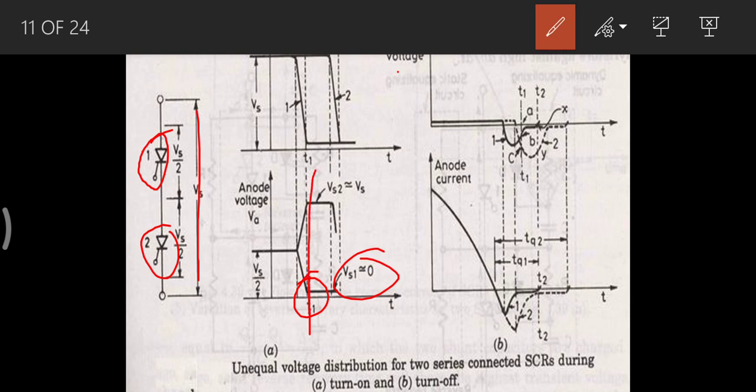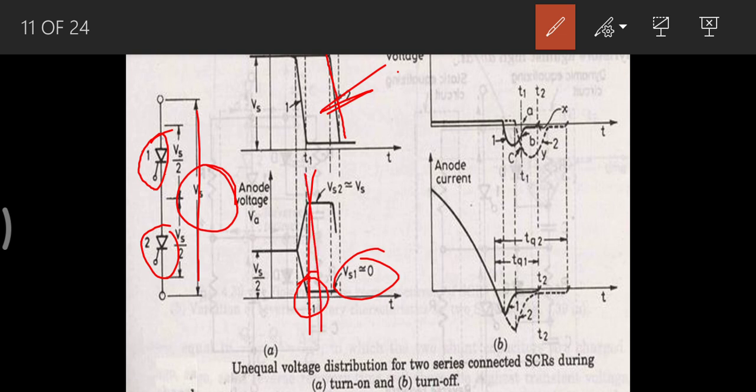T1. But see here, if this string voltage is less than the breakdown voltage of the Vs2, at that situation SCR2 will turn on at some other point, not here.